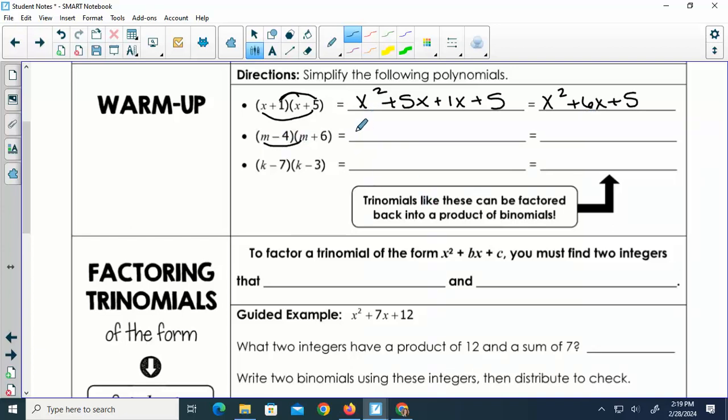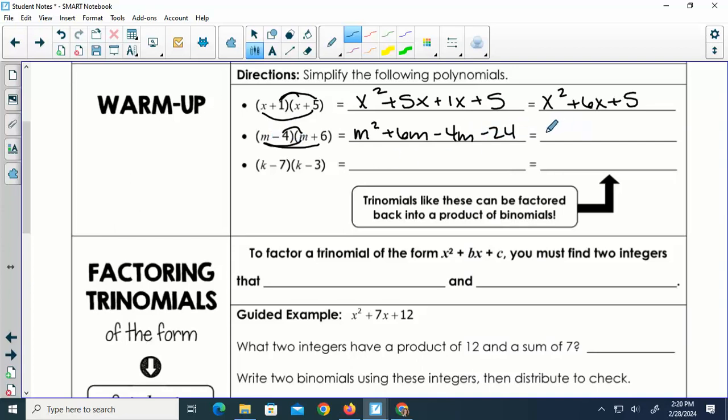Multiplying these. M times m, m squared. M times 6. Negative 4 times m, minus 4.